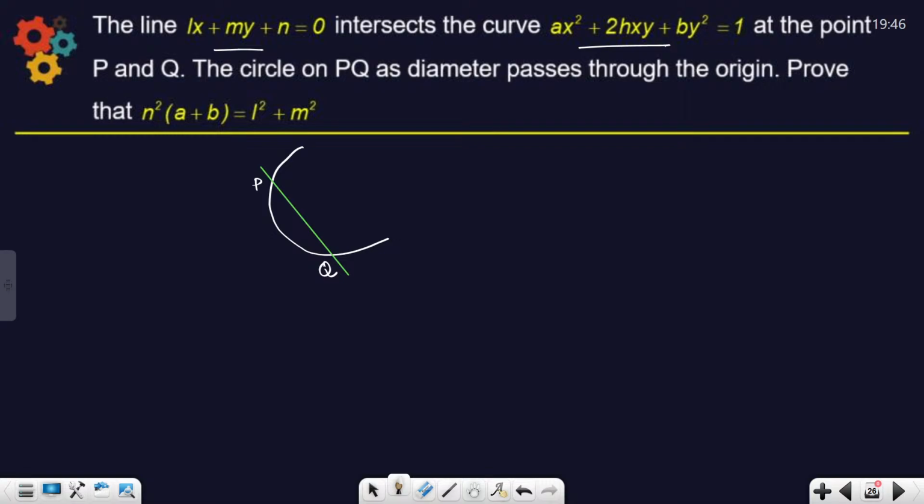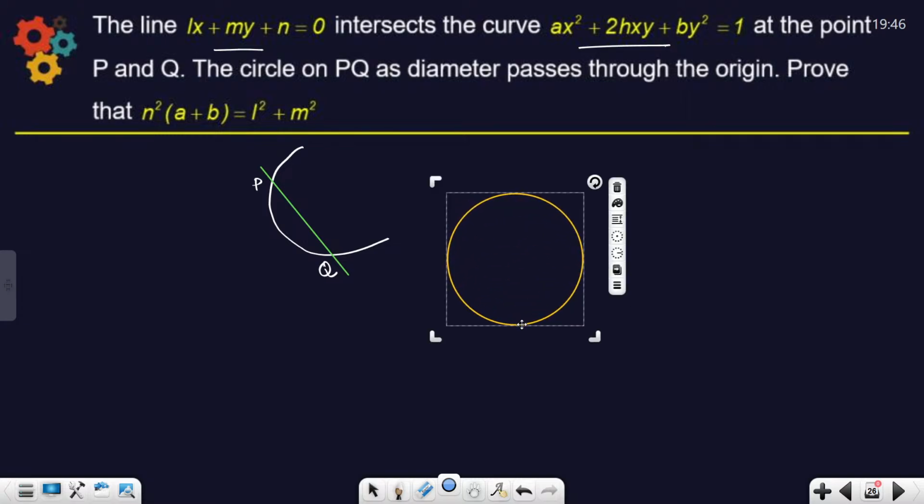Right? Now, you have to draw a circle making this PQ its diameter. So how will the circle look?